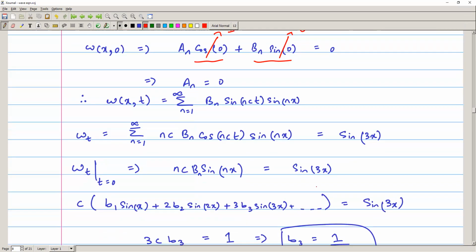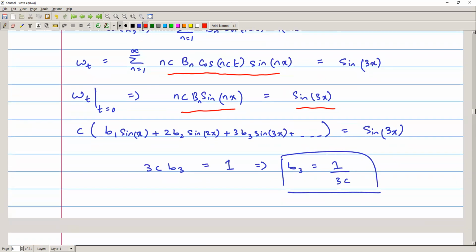And then we will apply the second initial condition, which is the initial velocity. So we will differentiate the given function with respect to t. We will get this form, and then we will apply t equals 0 because it's the initial condition. Then this cosine nct will be 1, and we will be left with this form, right? So the initial condition is equal to sine 3x.